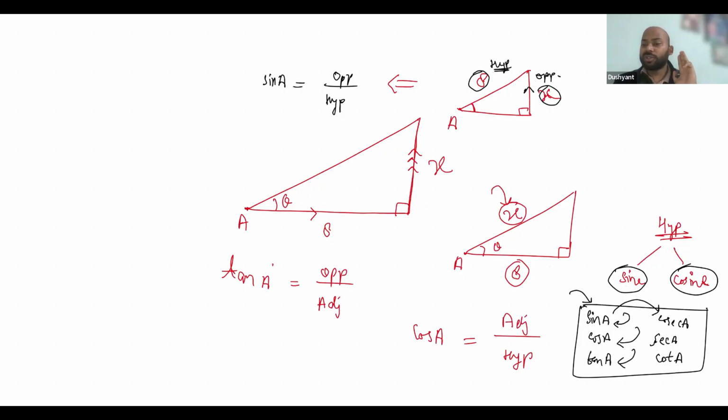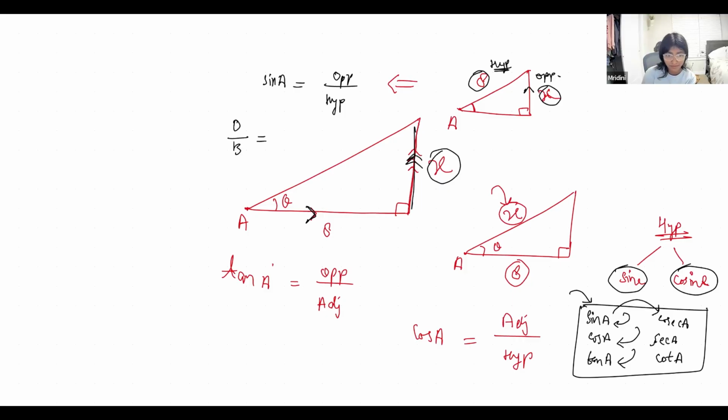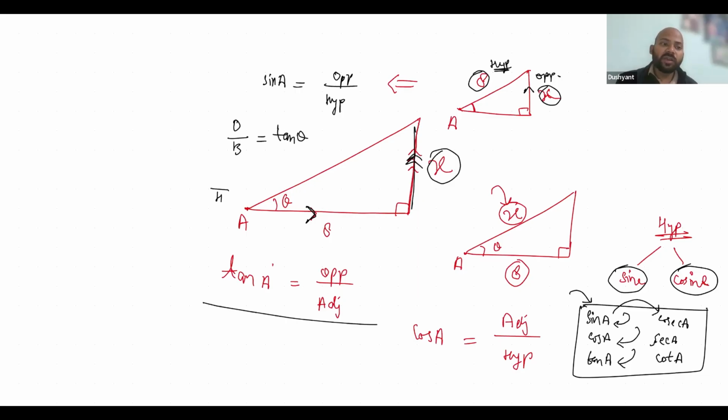That will depend on the question, whatever is given. If x is the opposite side and this is my base, and opposite and base are given, that will be my tan. If the hypotenuse is there, it's very easy. If the base is given with the hypotenuse, this is my cos.